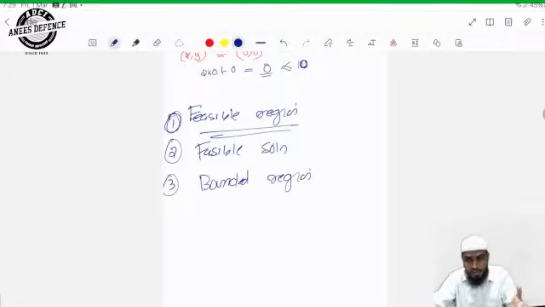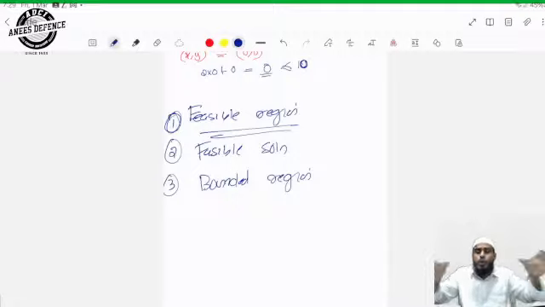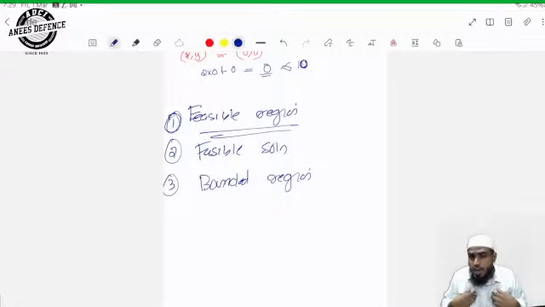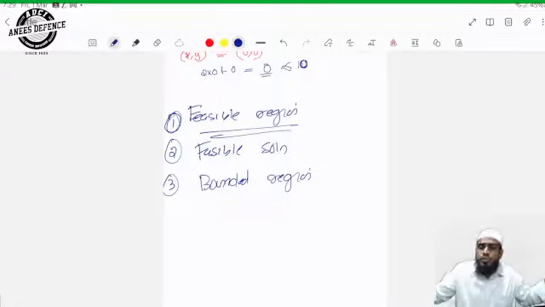So feasible region, if you are getting a common area, we call it feasible region. Any one point in that area is known as feasible solution. And if the area is covered on all sides, with a very clear cut boundary for that area of interest, then we call it a bounded region.